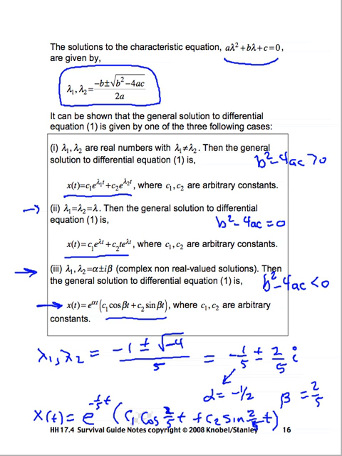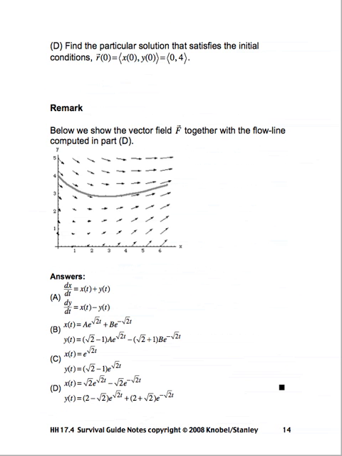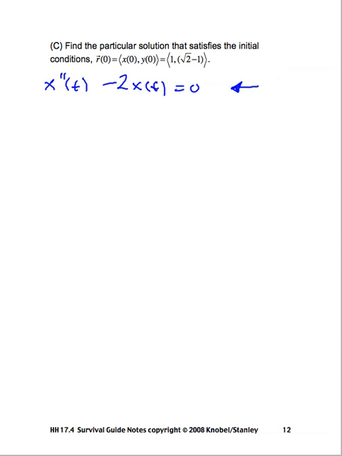So now let me go back a couple pages here. Okay, so the first thing I'm going to do is put this in this generic form, 1 times x double prime of t, putting this in the form of equation 1 on page 15, plus 0 times x prime of t, minus 2 times x of t equals 0.